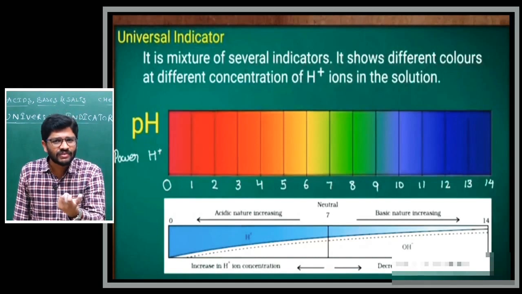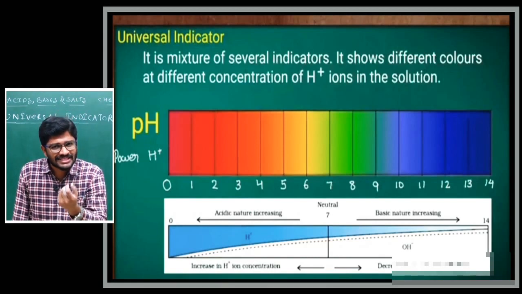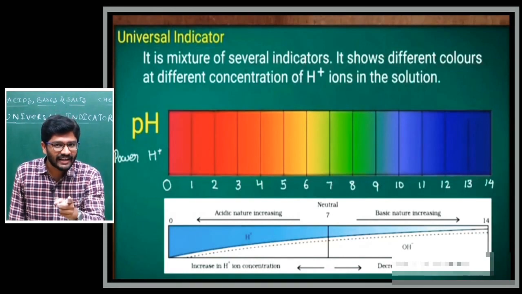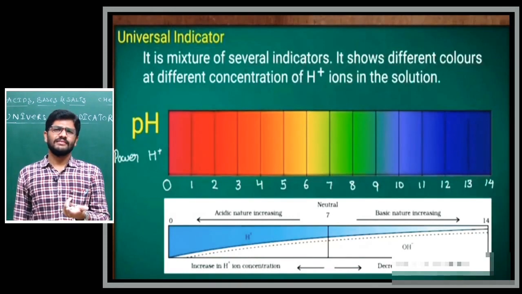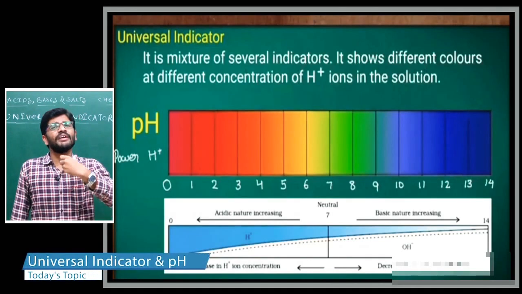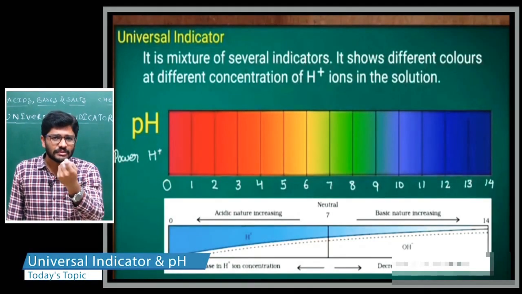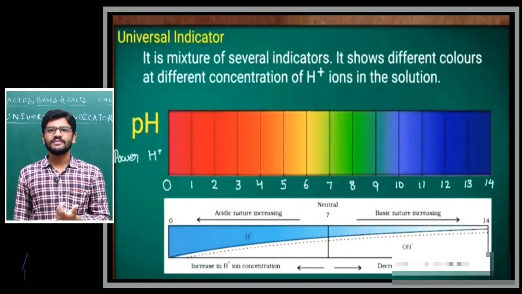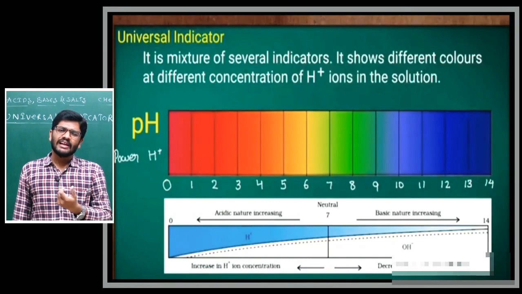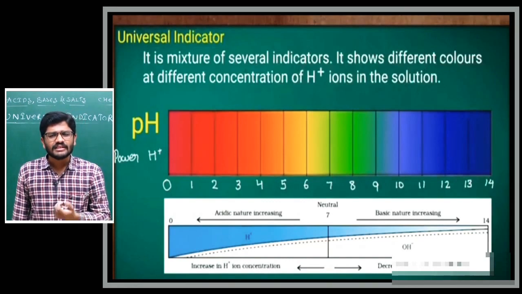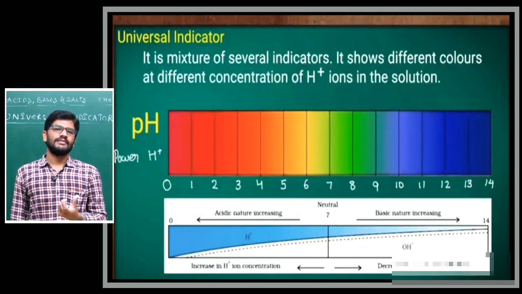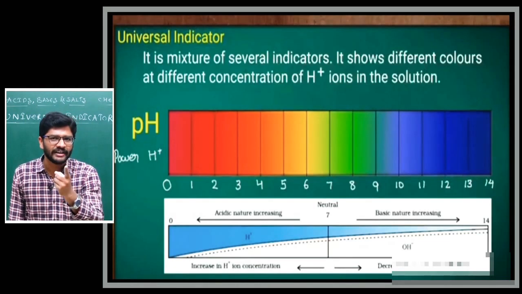At a particular pH value, if the substance consists of fewer H plus ions, we call that a weak acid. If the substance consists of more OH minus ions, we call it a strong base. If it consists of fewer OH minus ions, that substance can be considered a weak base. Yes or not, friends? You are getting my point?